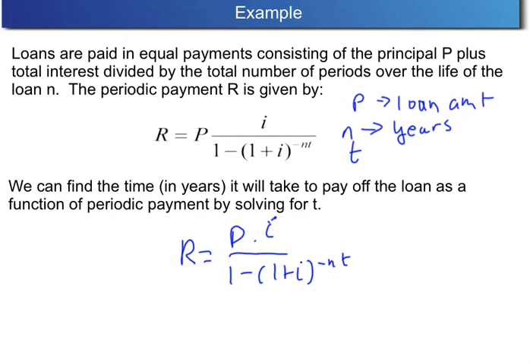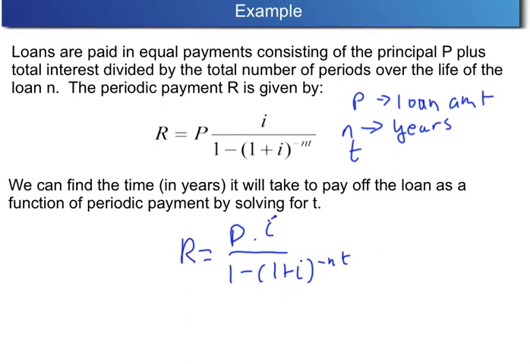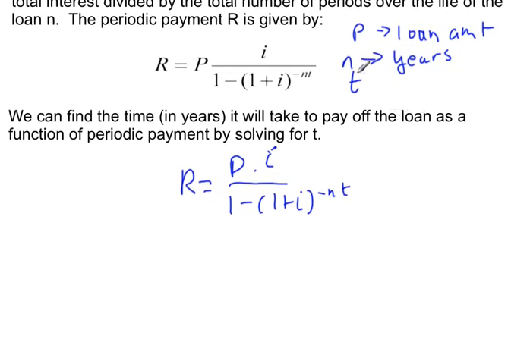Number of periods over the life of the loan, N. N is compounding periods. What else? Time is time in years.